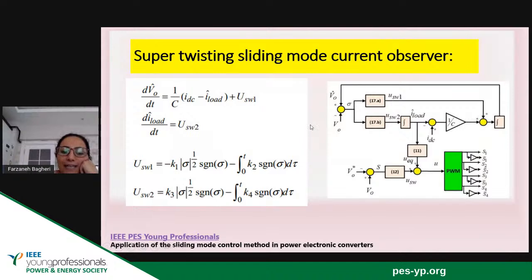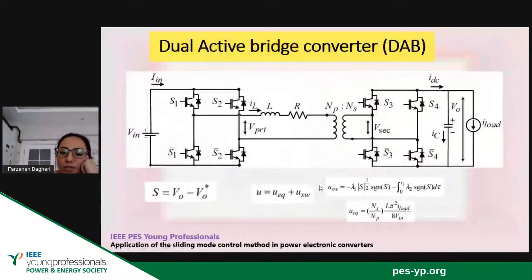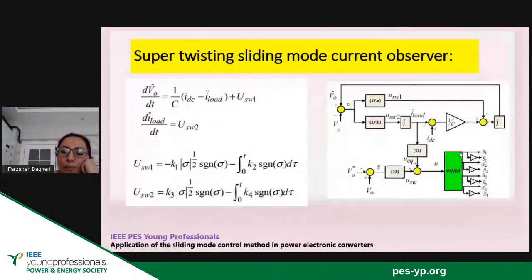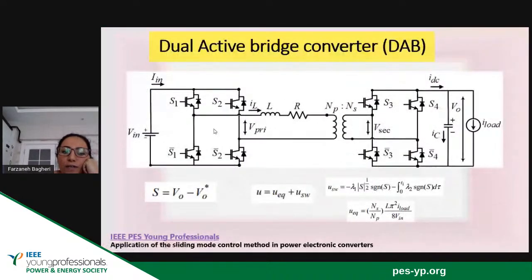And then we give this sigma to the switching control inputs, and the result is the observed load current. Then we can give this observed load current to our original control input, which is U, and it will be applied to PWM, and it will generate the switching pulses.